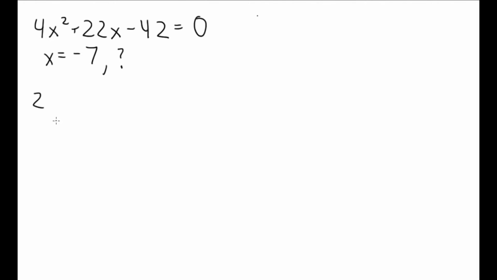So actually, instead of factoring out a 2, we can just divide the 0 by the 2. So if we're dividing both sides, then we don't even need to worry about factoring out the 2. We can just divide it out. So now to create a term out of x equals negative 7, we can say x plus 7 equals 0. So we're dividing by x plus 7.